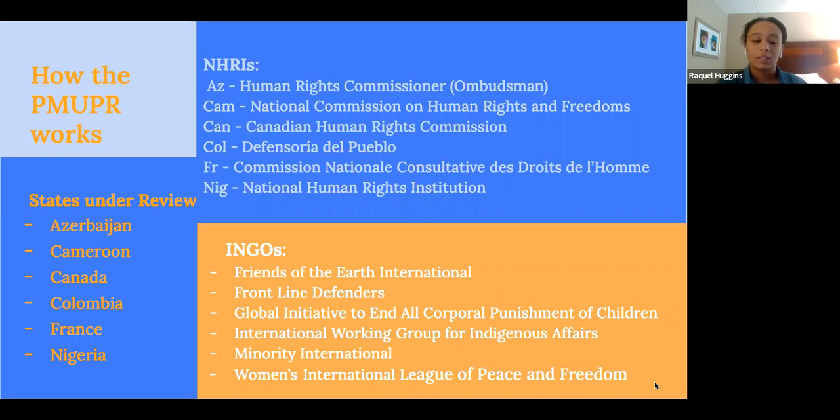It's really exciting to do a simulation with actual countries and NHRIs and INGOs, so that you can look back and see what their history is and do a lot of research on that. I remember last year when I participated and the countries dropped, I had a lot of fun looking up their past and how they participate in the UPR. All right, next slide, please.